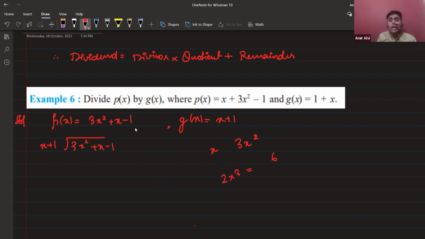Just focus on the first term, which has the highest power. You have to multiply the divisor with such a number so that you get the highest power term. If I multiply this term as 3x, should I get 3x square? It's just simple. Why is nobody answering?